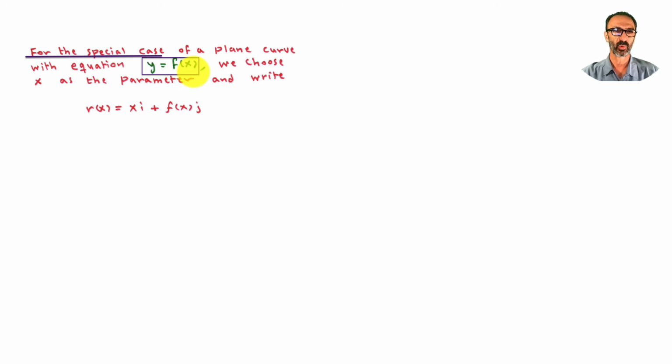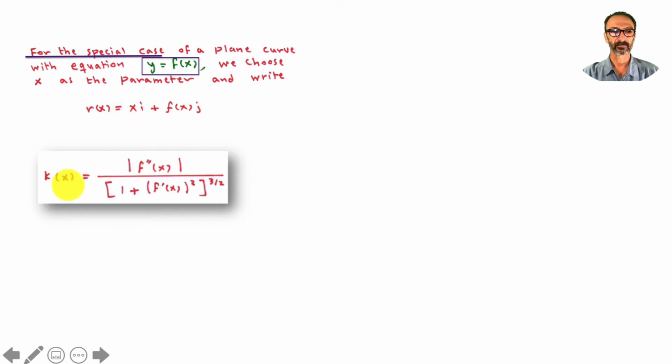Now I have y is a function of x. We choose x as the parameter and y follows, and write r of x. This is my i component and this is my j component. Y is a function of x. This is the formula that we use.